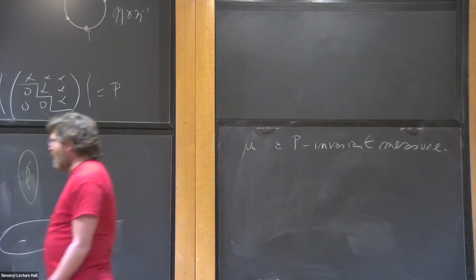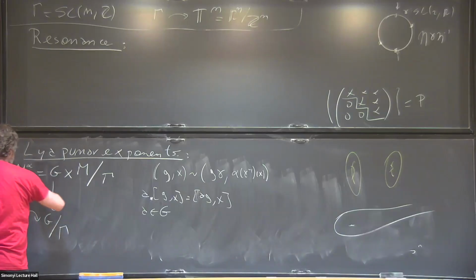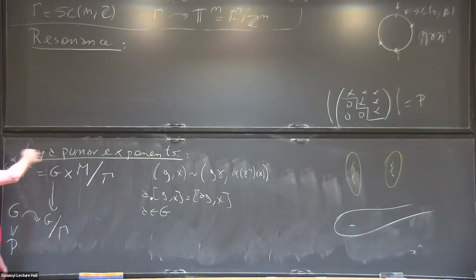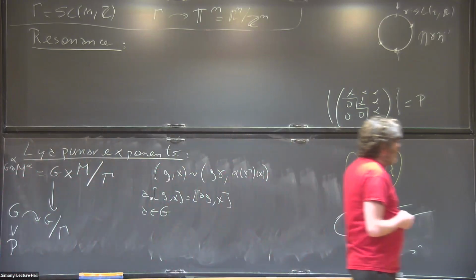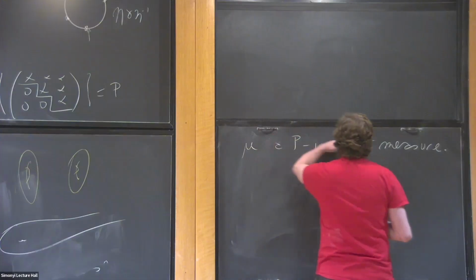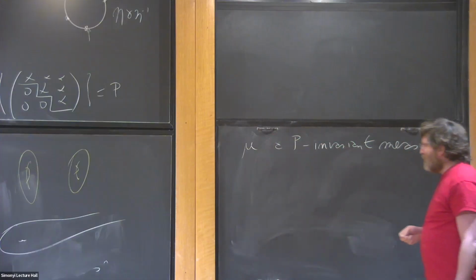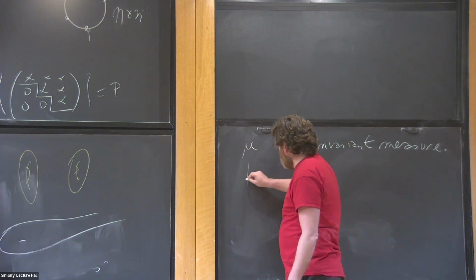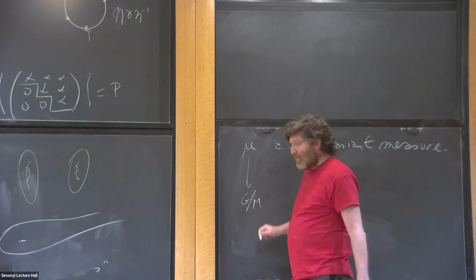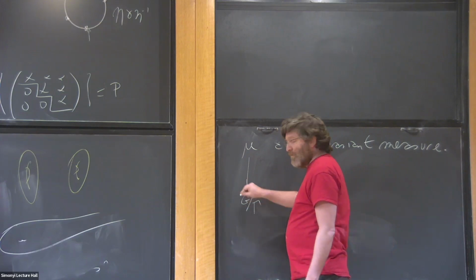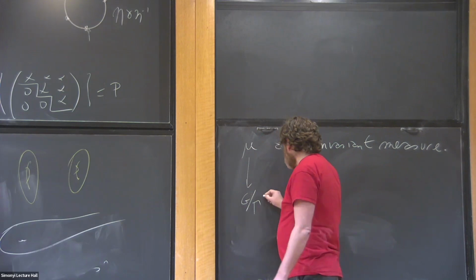I typically note it this way, and I still call this action here alpha. And so mu is alpha of P invariant. Okay, so these measures mu will project into G mod gamma to a P invariant measure. And there is only one P invariant measure on the G mod gamma, which is Haar measure. So it projects into Haar measure.